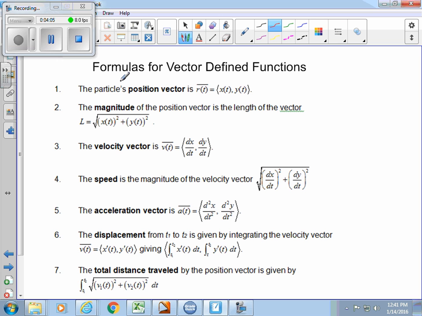Yes? No, it's a vector notation. It's just r of t is the vector. Do you use a hat in physics? It's just the vector r of t.